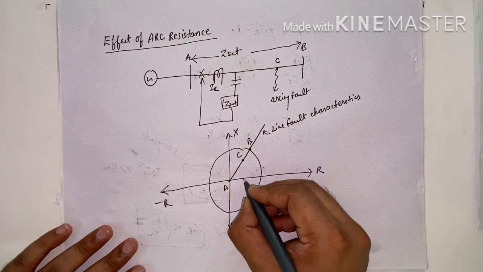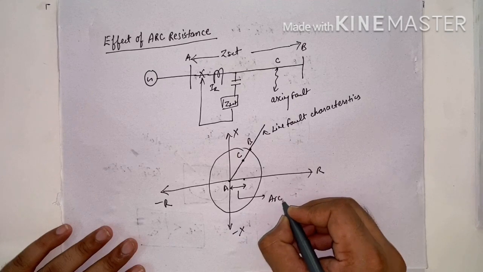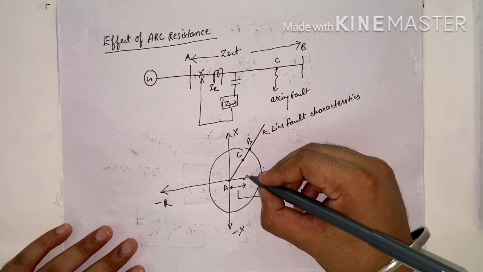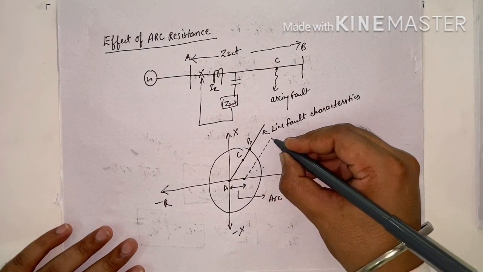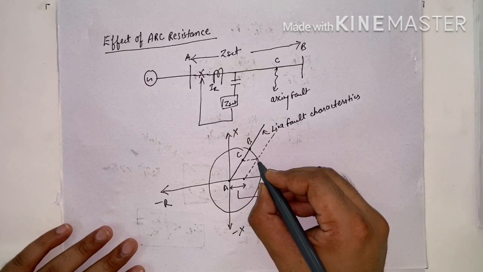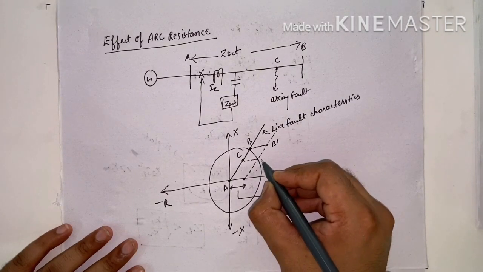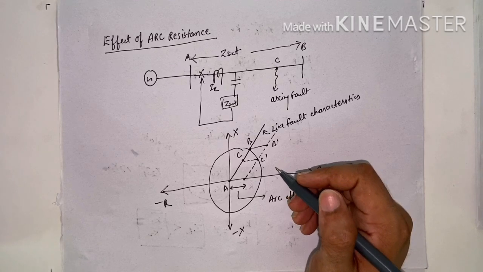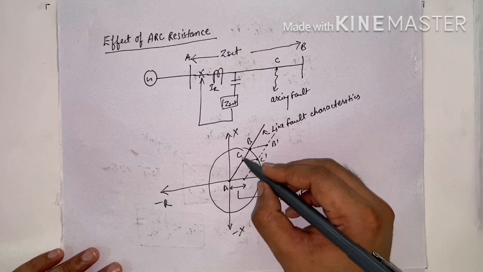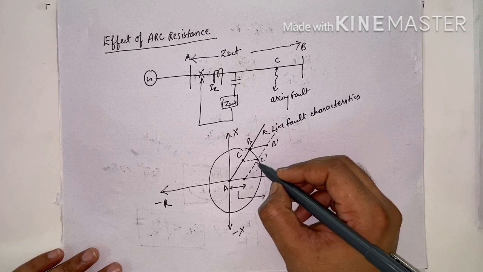Suppose this is the arc resistance, this is the arcing effect. Now the characteristic will shift from this point to here. Corresponding to this, C will get here, and corresponding to B will get here. This is B dash and this is C dash. Now we will see the operational area that in the previous case is present at point B, which is shifted to point C dash.